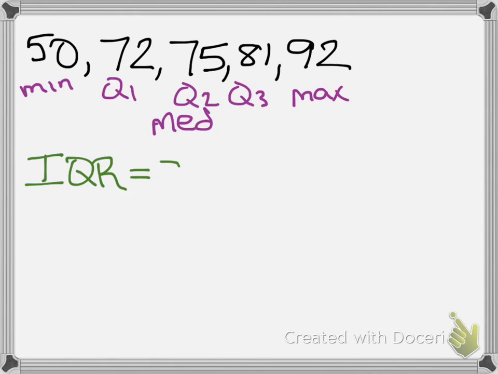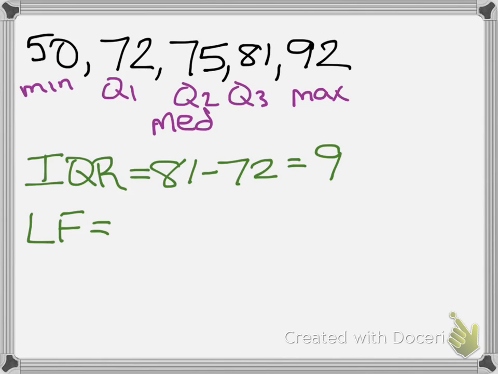So the IQR is Q3, 81, minus Q1, 72, and that gives us 9. So then the lower fence is 72 minus 1.5 times 9. Okay, so we're going to go ahead and calculate that, and that gives us 1.5 times 9.